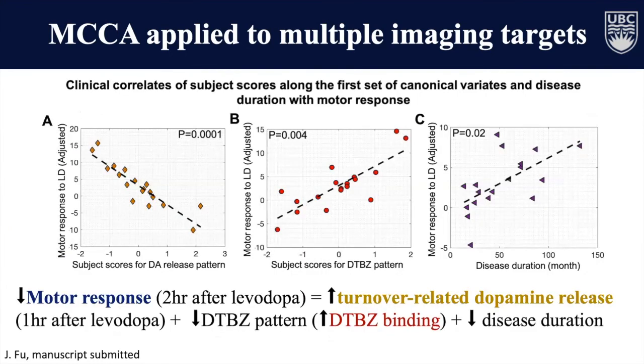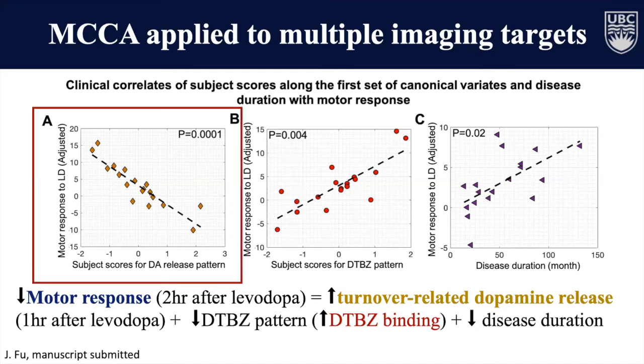So since we want to examine the relationships between the imaging data and the motor response to levodopa at baseline, we did a stepwise multiple regression using motor response and MCCA subject scores, and used other clinical outcomes as covariates. So we find that worse motor response, which is lower here, is associated with higher dopamine release.